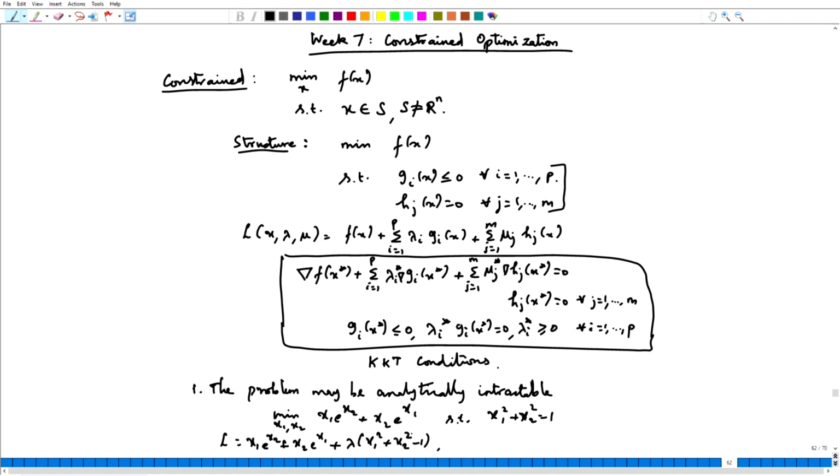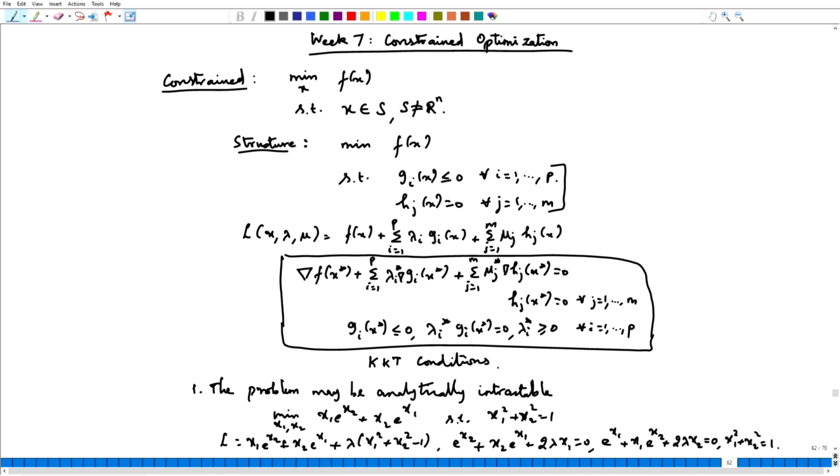The gradient with respect to x gives e power x2 plus x2 e power x1 plus 2 lambda x1 equal to 0, and similarly e power x1 plus x1 e power x2 plus 2 lambda x2 equal to 0, and x1 squared plus x2 squared equal to 1. So, you have to find x1, x2 and lambda that satisfy all these 3 conditions simultaneously.